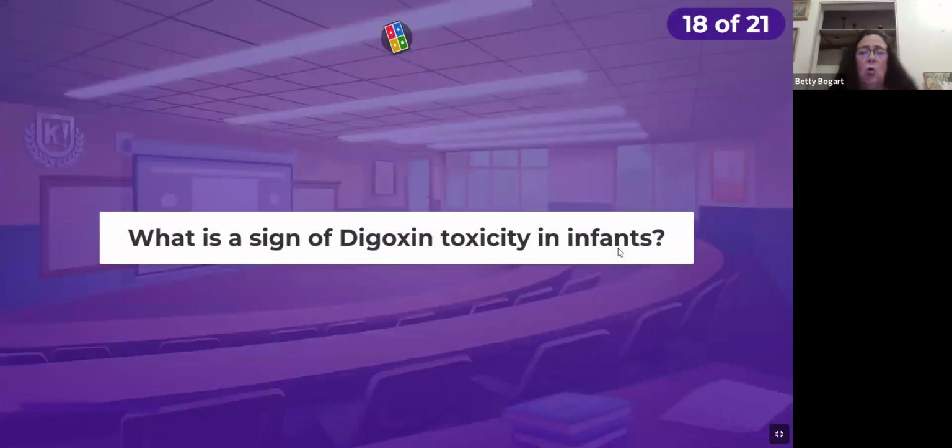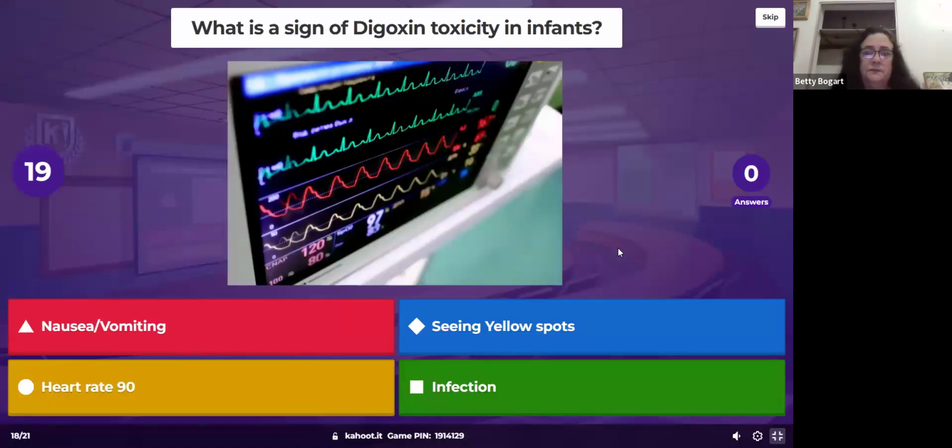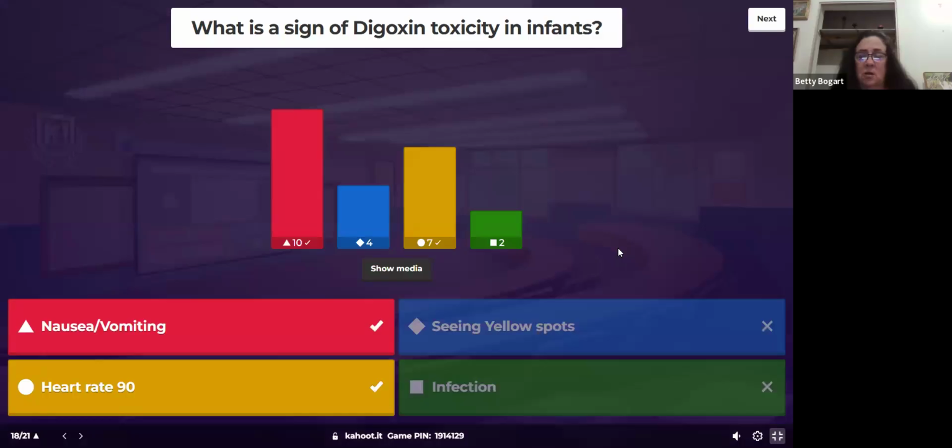Multi. What is a sign of digitoxicity in infants? So who puts C in yellow spots?